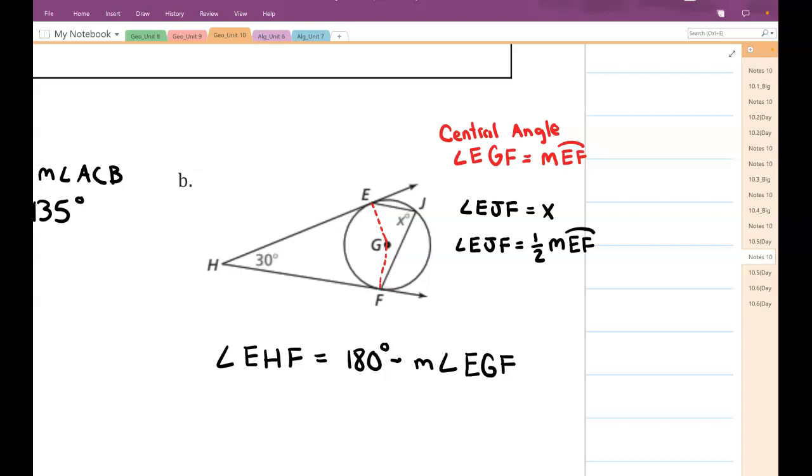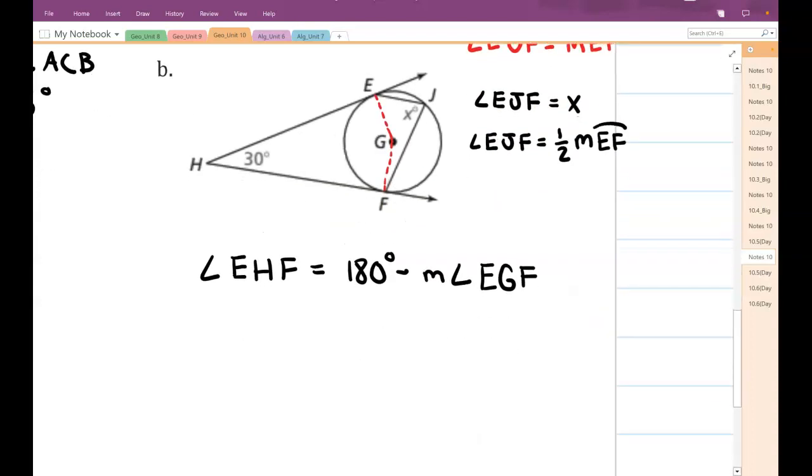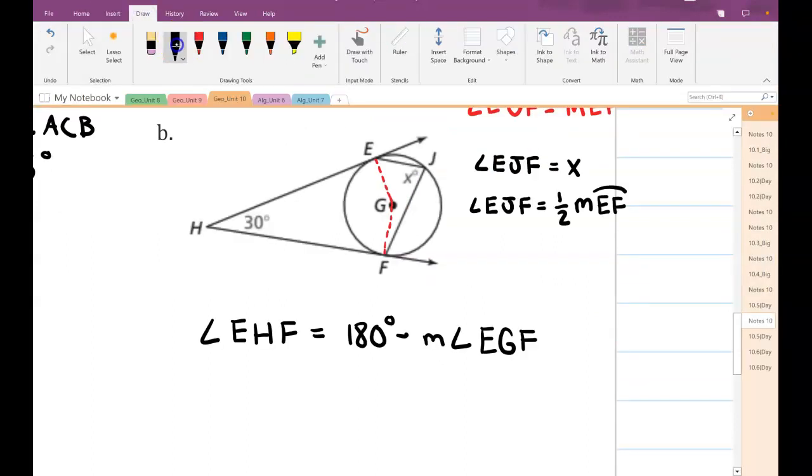We also already know that this angle is 30 degrees. So we're going to keep plugging in what we know. This is 30 degrees. This is 180 minus the measure of angle EGF.